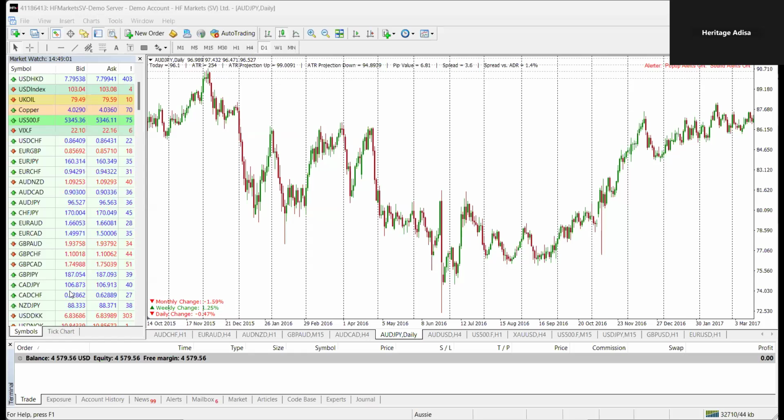Does HFM trade stock options? When you say stock options, we don't trade options as a financial asset in itself because it's also a unique financial asset. What we have are a form of derivatives that we call CFDs. But yes, we have CFDs on stocks, foreign stocks like US stocks, Euro stocks, Asian stocks, and so on and so forth.